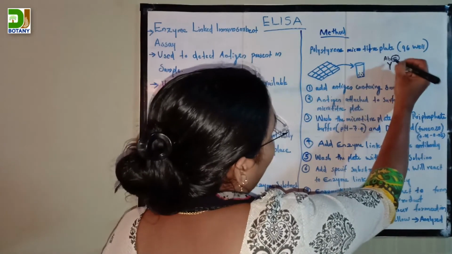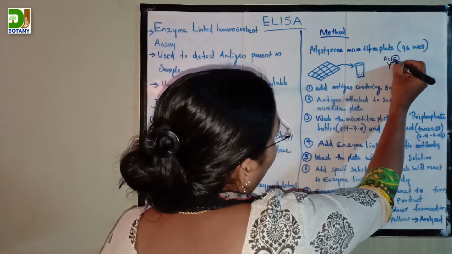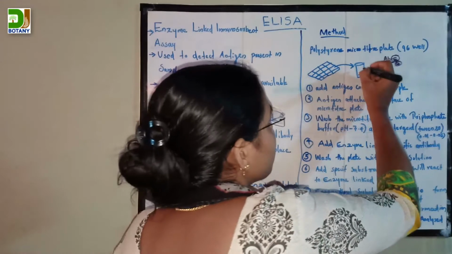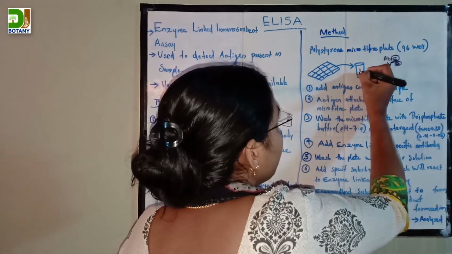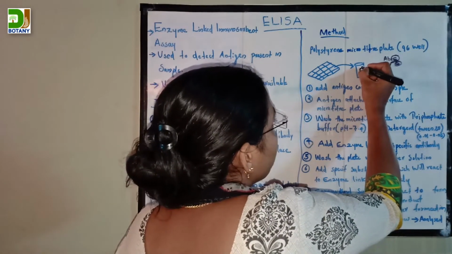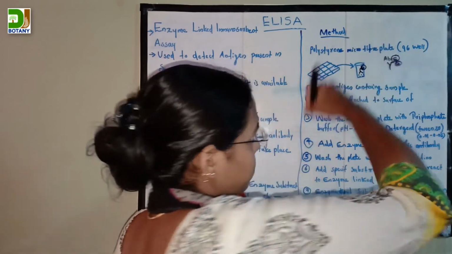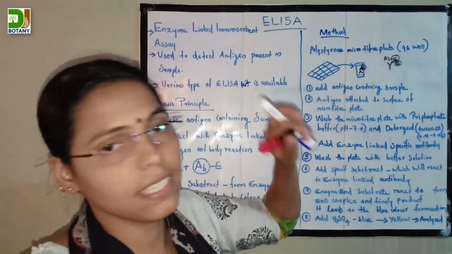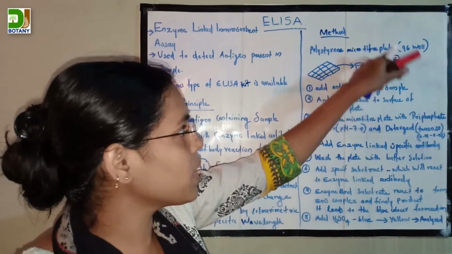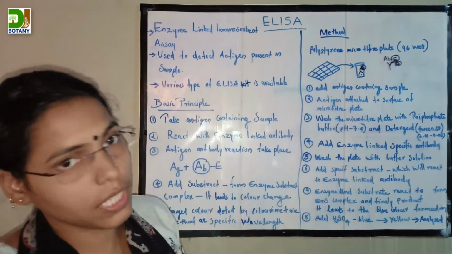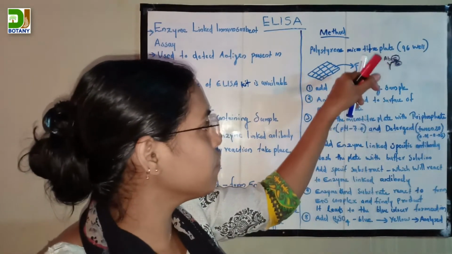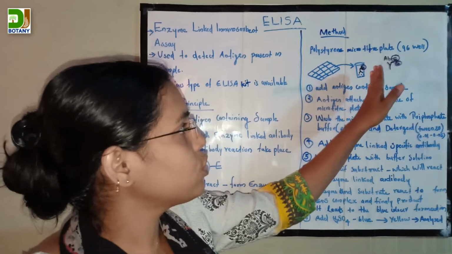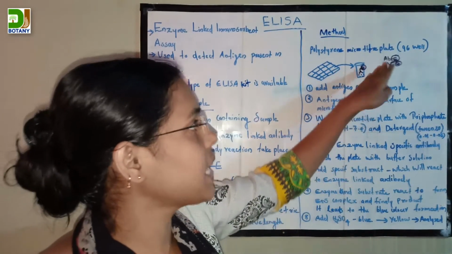We add it into the microtiter plate, and it reacts with the antigens present in the plate. It forms an antigen-antibody complex. The enzyme-linked antibody binds tightly with the antigen, so the antigen-antibody complex is formed.